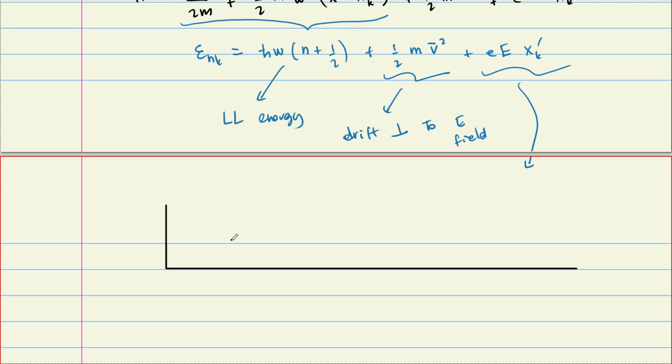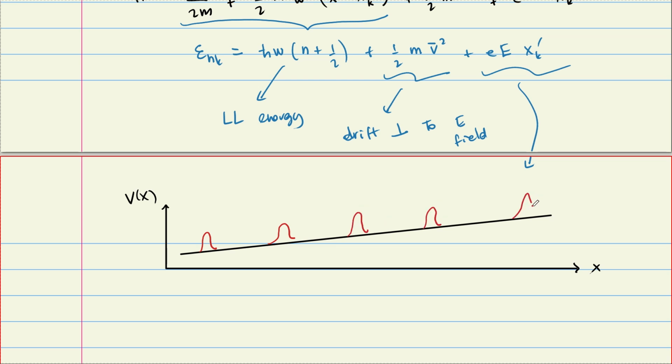We have V of x, so this is x when we put like a linear potential, something like that. It's like increasing linearly, and there are like these Gaussians at different x_k, and depending on the position of this guiding center, there is like a position dependent energy shift.